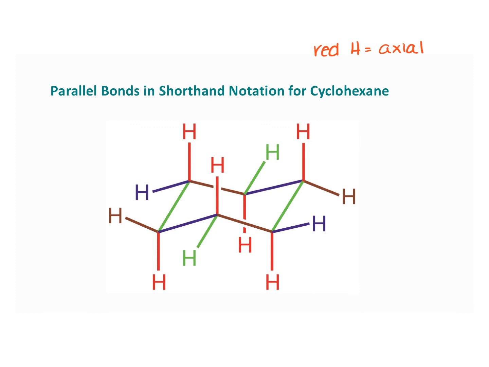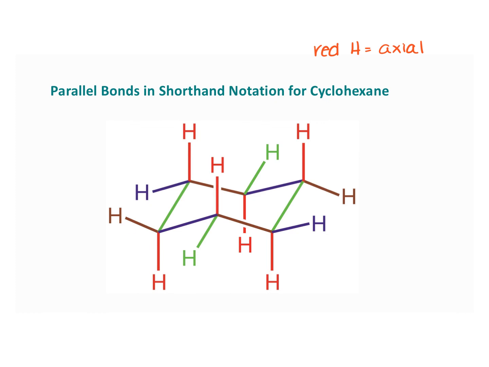But we're going to pretend it's red, because there's no orange here anyway. Then, these are all parallel to each other, right? Because they're drawn directly up and directly down. Then each equatorial carbon-hydrogen bond, shown in brown, purple, or green, is parallel to one equatorial carbon-hydrogen bond on the opposite side of the ring.